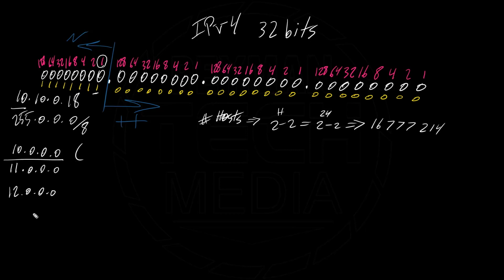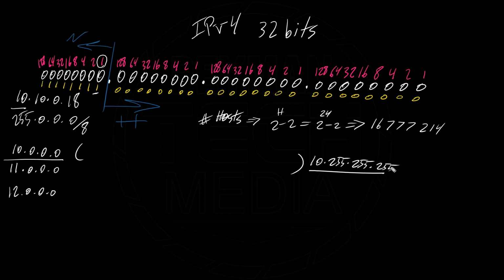Here we can see in this column, to find out the broadcast, it's always better to find the next network, and then one less would be the broadcast address. So the broadcast address for this network would be 10.255.255.255. If we add one to this, it would be 10.255.255.256.